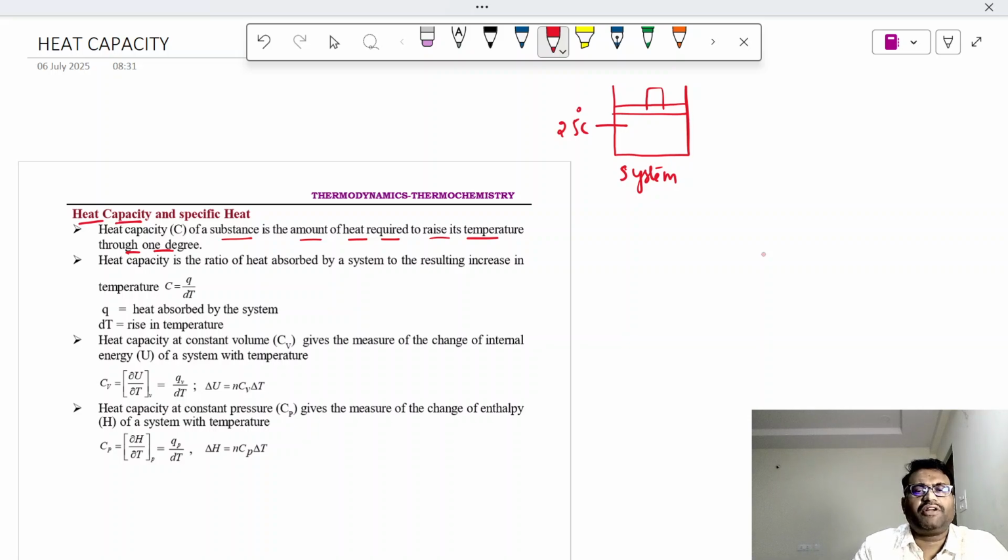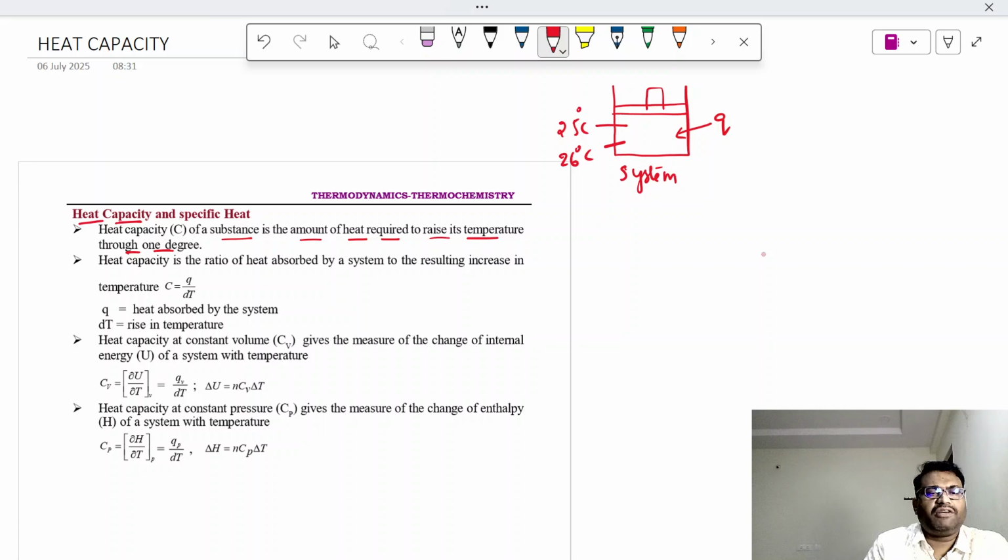To raise its temperature through 1 degree centigrade, so to raise its temperature to 26 degrees centigrade, how much amount of heat is required? How much amount of heat is absorbed, or how much amount of heat is required to raise its temperature through 1 degree centigrade or 1 Kelvin, and that is called as what? The heat capacity.